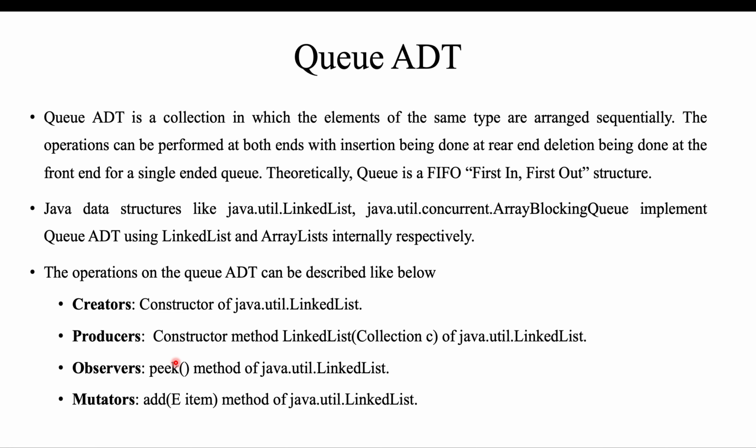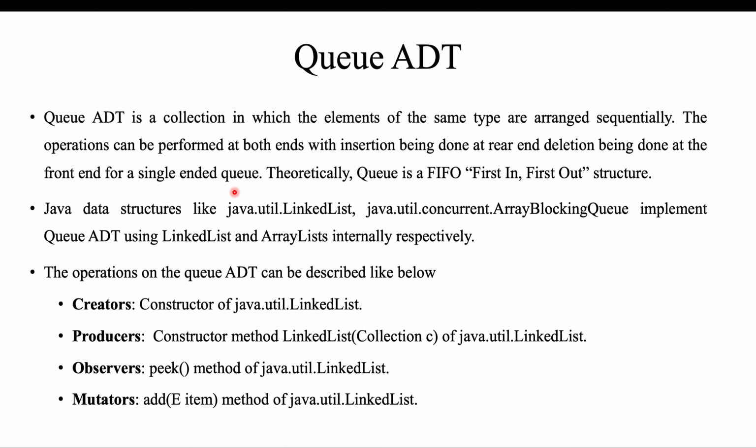It is a collection of homogeneous elements which are arranged sequentially, and it follows the first in first out structure. The operations can be performed at both ends, with insertion being done at the rear end and deletion being done at the front end for a single ended queue. So we know that there are several types of queues, but unlike stack, where the operations happen only at the top of the stack, in a queue the operations take place at both the ends.